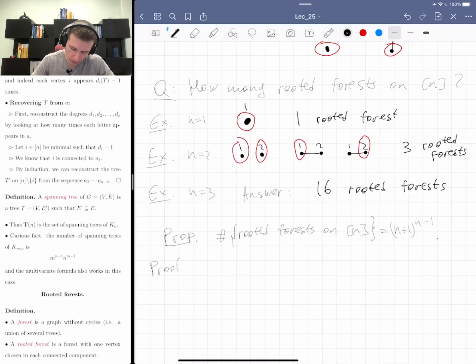And so how do I prove this result? Can you use the exponential formula here? Oh, okay, that is a good idea, right?